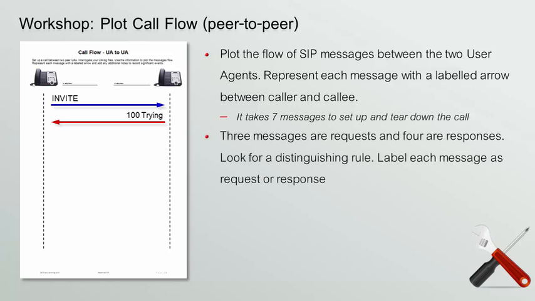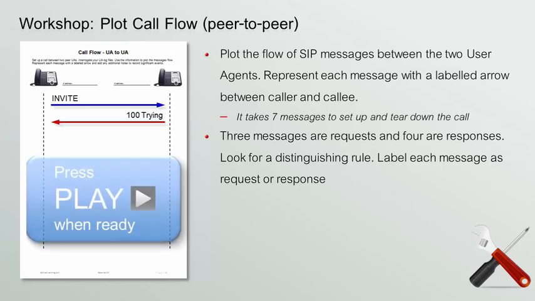Now, 3 of the messages are going to be SIP requests and 4 are going to be SIP responses. The question is, how do we tell the difference? As you study the logs, look for a rule to distinguish them, and then label each message accordingly. Go ahead and plot the 7 messages and find the rule, and then press play when you're ready. We'll then run through things together.